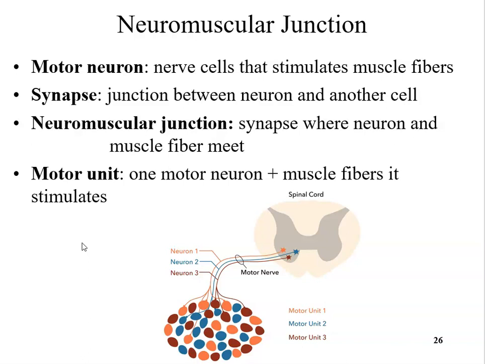You have one sled with a person on it that's controlling the dogs, and there's many, 10, 8 sled dogs that are pulling the sled. They're moving, but they're all responding to the commands of the one person that's driving the sled. So the neuron, the motor neuron, is the person, and the muscle fibers are the dogs.